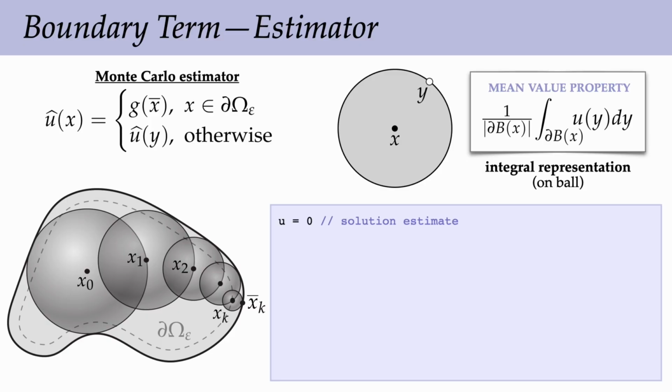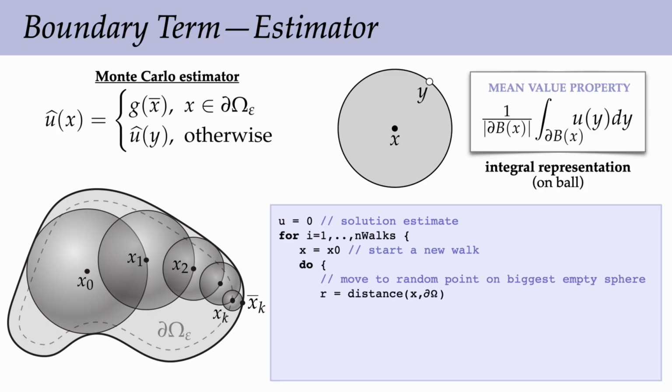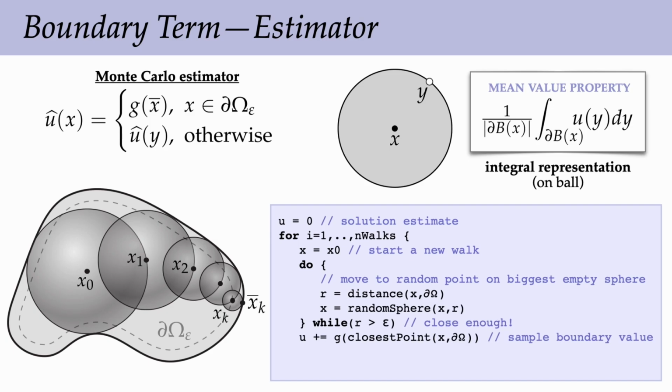So initialize our estimate to 0, then for some number of walks, we start at the evaluation point x0, we find the radius of the largest empty sphere around this point, and sample a new point until we come within epsilon of the boundary. We then add the closest boundary value to our estimate, and in the end, we return the average of all the boundary values we've seen along the way.